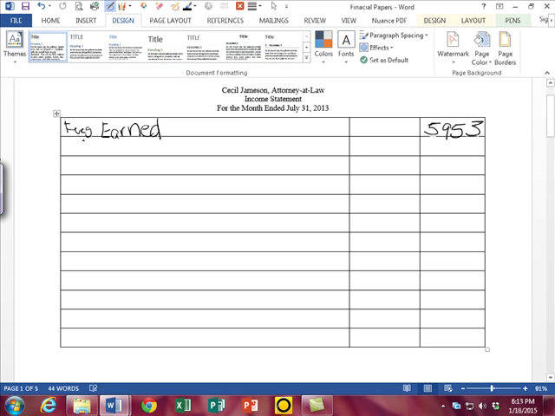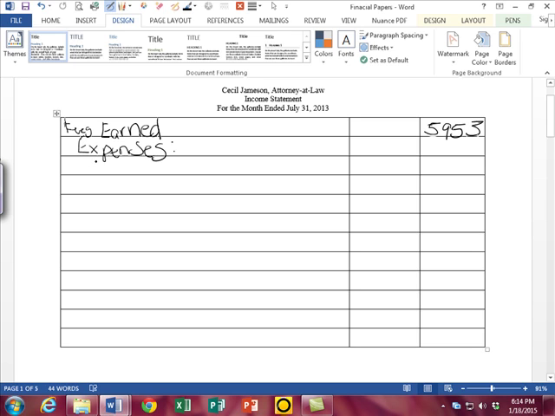Since we don't have any other revenue accounts, we now list the expenses. We indent just a little bit and write the word expenses. Right below it, we list all expense accounts individually. We list them in order of greatest to least, with miscellaneous always listed last.